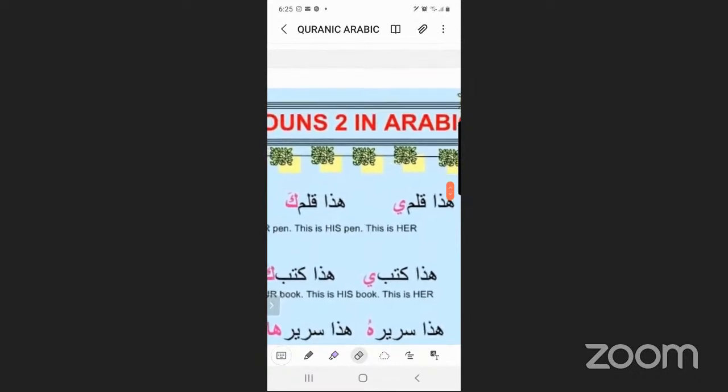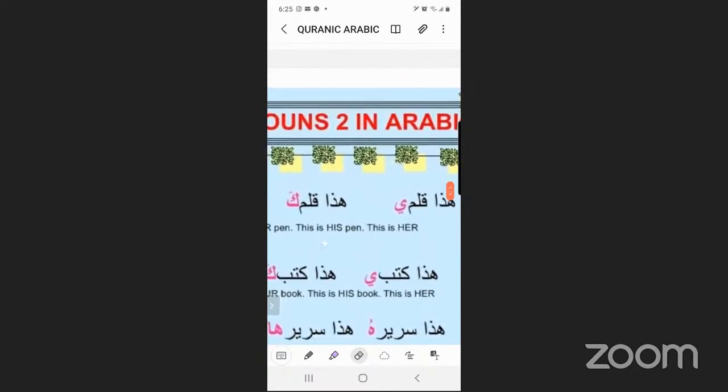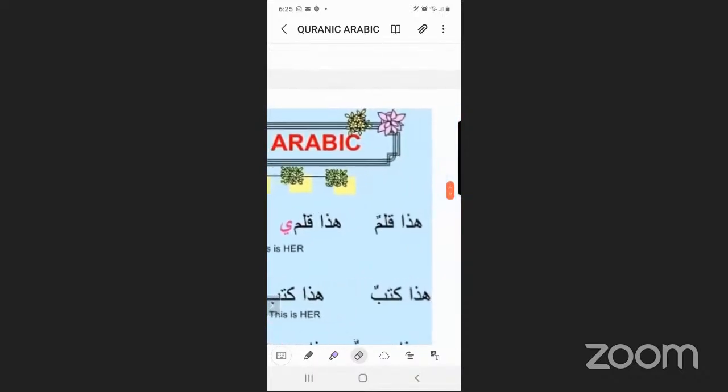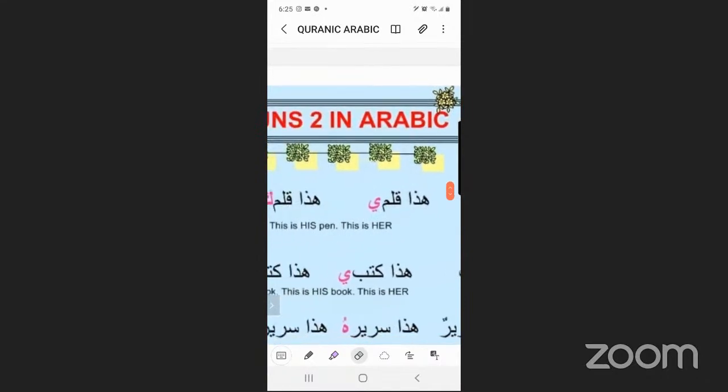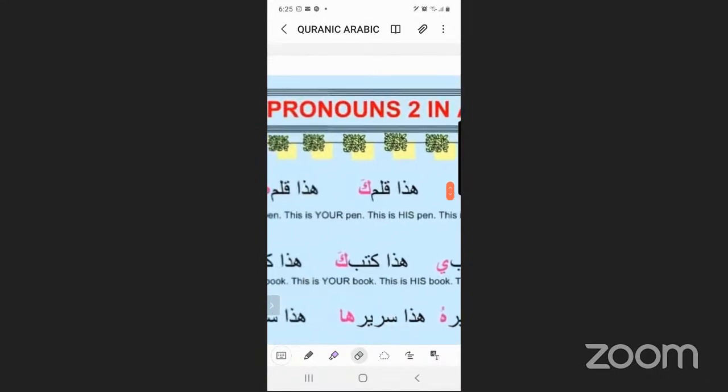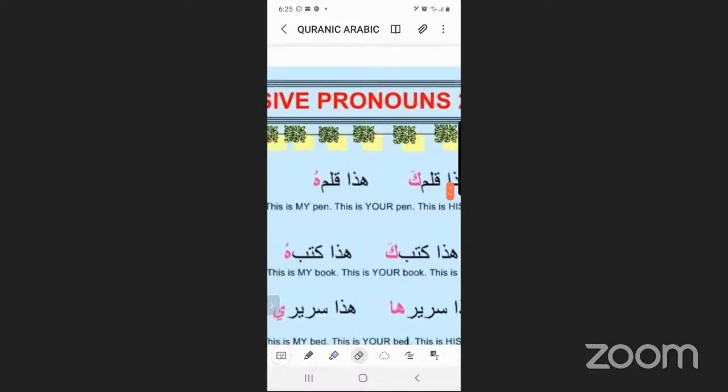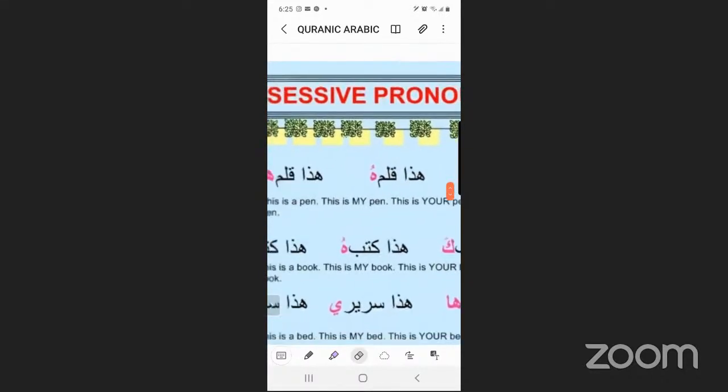This is his pen: qalamuhu. Ka is added for your, qalamuka. Qalami is mine. Kalamuka is yours, haza qalamuhu is his pen.